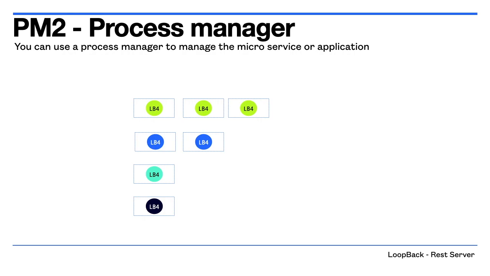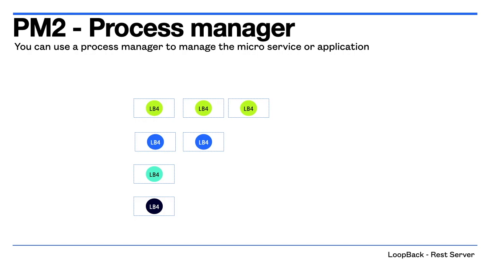So let's talk about PM2. PM2 is one of the process managers that we have been using as a company to deploy to specific customers. Let's imagine for 1 second that we have LoopBack 4 microservices 1, 2, 3, 4. So we have 4 microservices. Each of them is running a specific task or is trying to solve a specific problem.